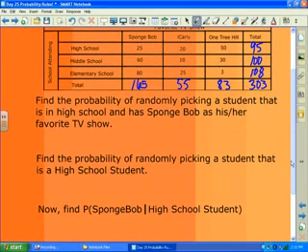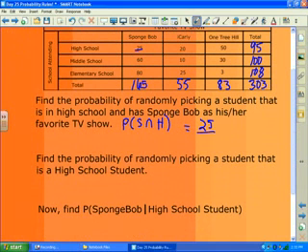So, find the probability of randomly picking a student that is in high school and has SpongeBob as his or her favorite TV show. So that's this, SpongeBob and high school. So what is that? Where is that? 25.